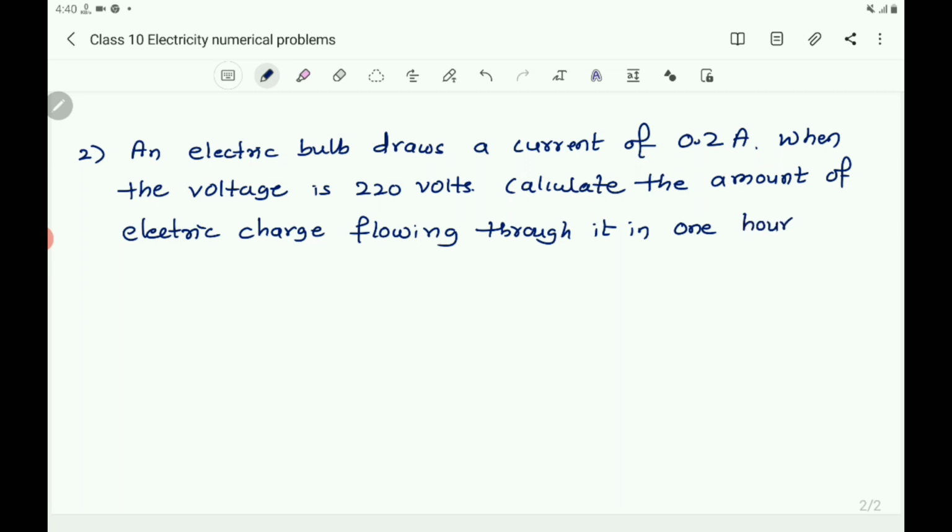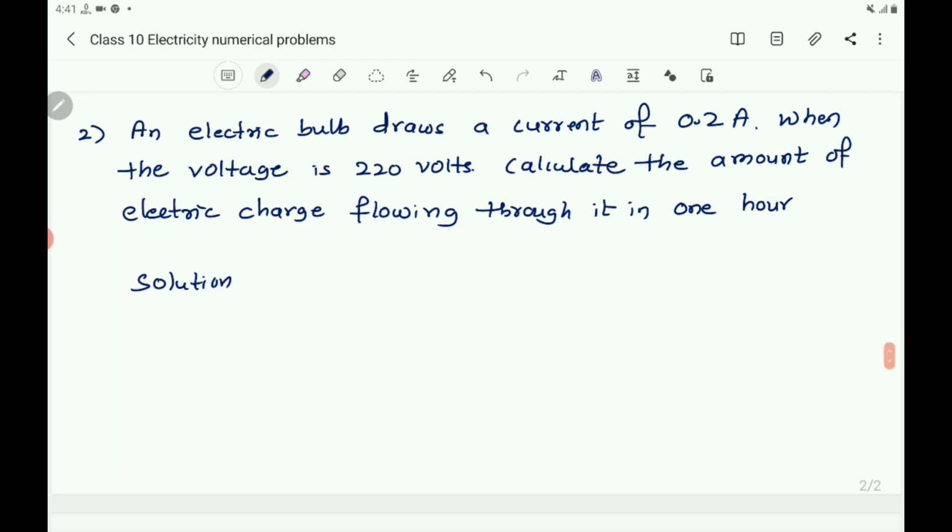So, an electric bulb draws a current of 0.2 amperes when the voltage is 220 volts. Calculate the amount of electric charge flowing through it in 1 hour. So, here you write the solution.